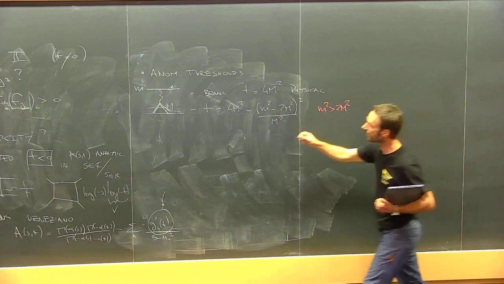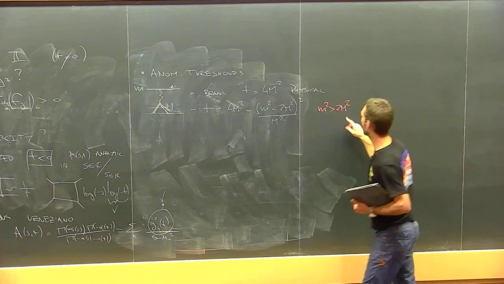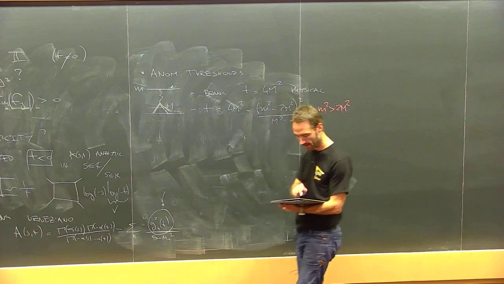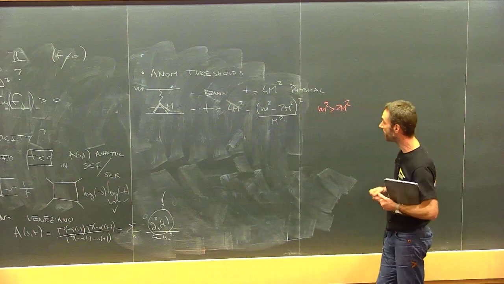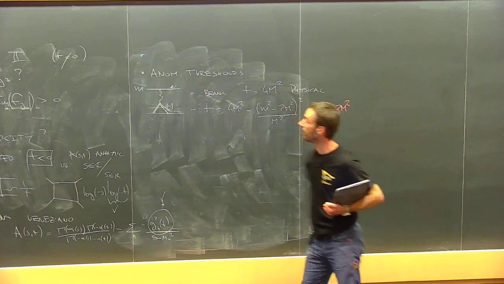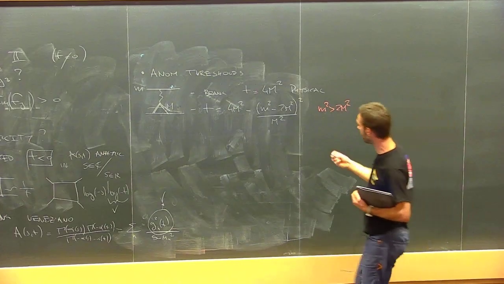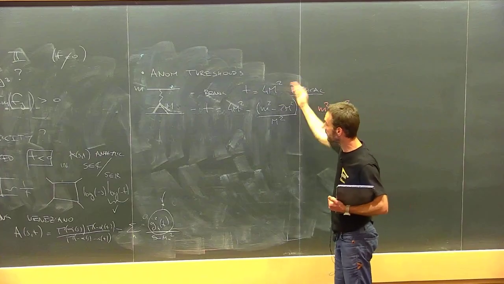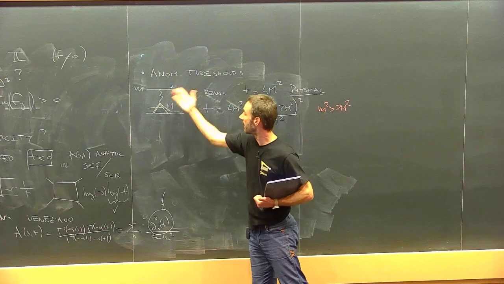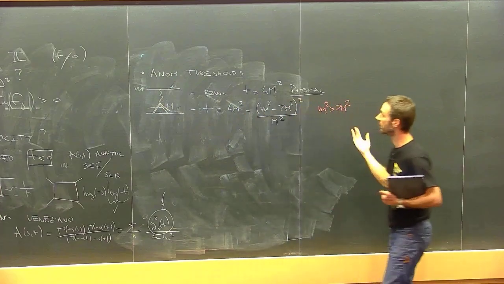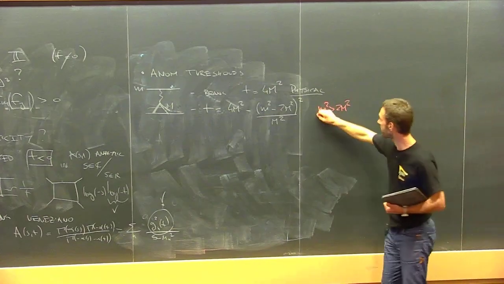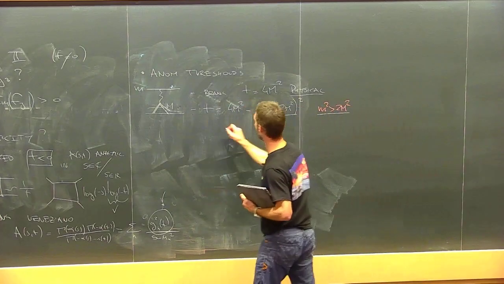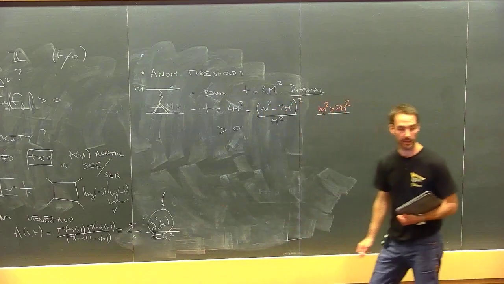So when the mass of the particle you're scattering is bigger than twice the mass of the particles in there, you can have a singularity also arising from this thing. And the important thing, and the reason why these are called anomalous thresholds, is that while here you can associate a unitarity, a physical process, to this thing you cannot really do, okay? Now, again, this thing happens for values of t which are bigger than 0, okay?